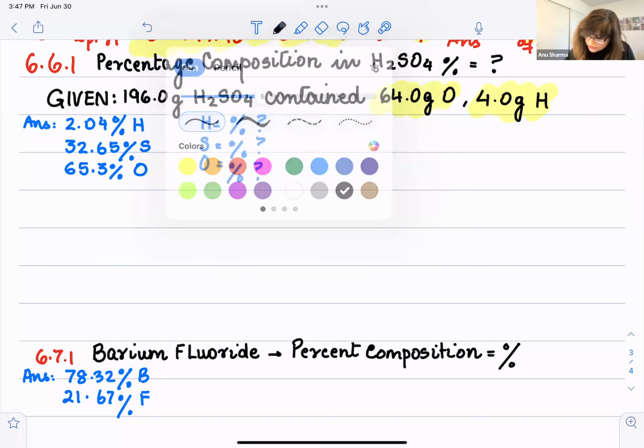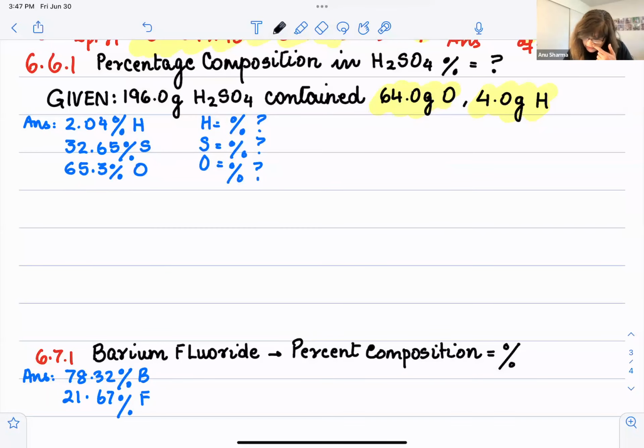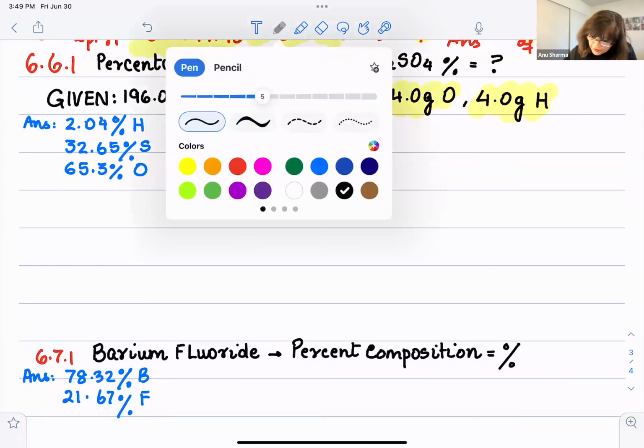Since oxygen and hydrogen are given, along with 196 grams of sulfuric acid, only 2 entities are given. So sulfur is not given, and we can find that out.